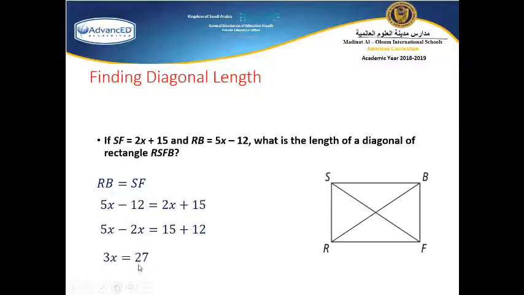Then 3x equals 27, then x equals 9. Let's substitute in the first one: SF equals 2 times 9 plus 15, 18 plus 15 equals 33. Then RB equals SF equals 33.